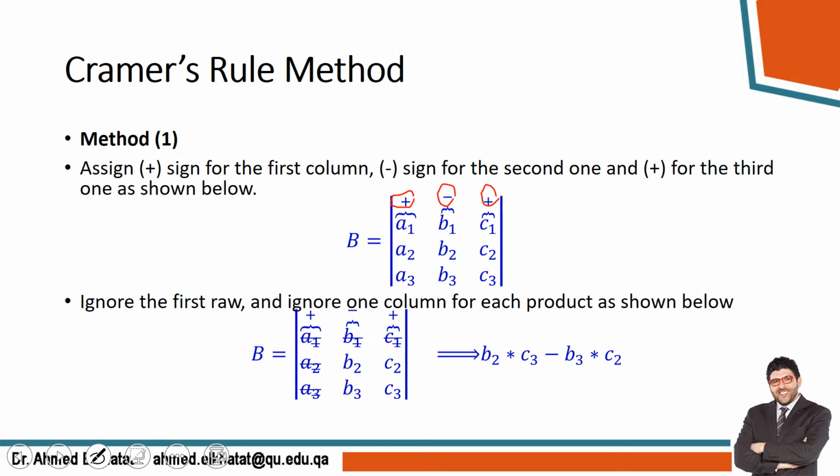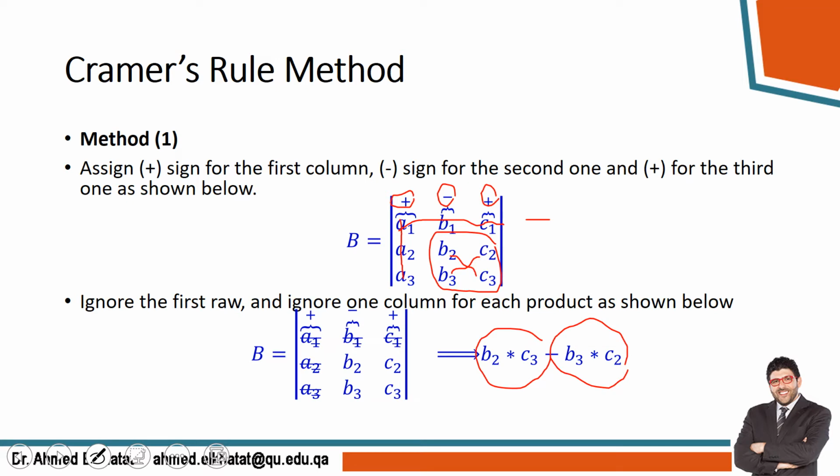Here we cancel the first column and the first row, and then you have only this part left. Now you can find the part of the determinant: B2 times C3 minus B3 times C2. So this is the first part.